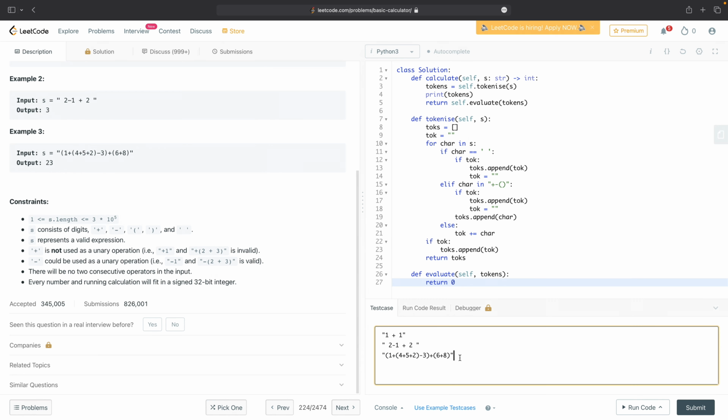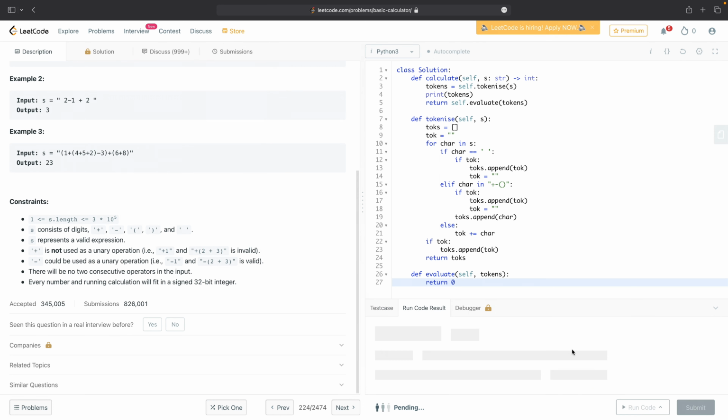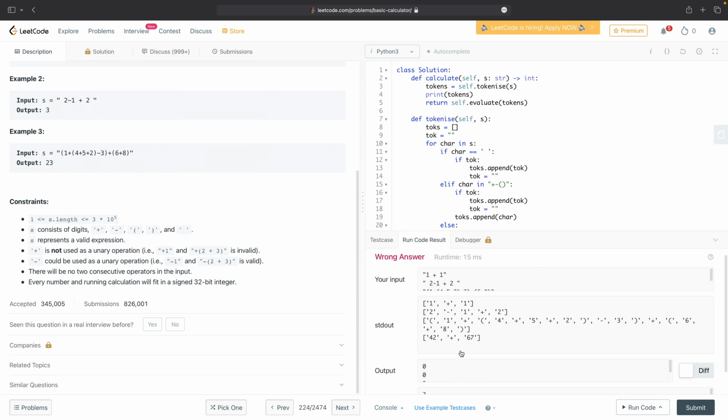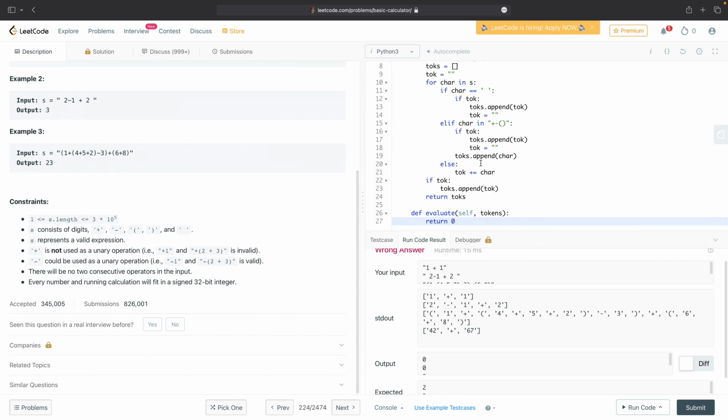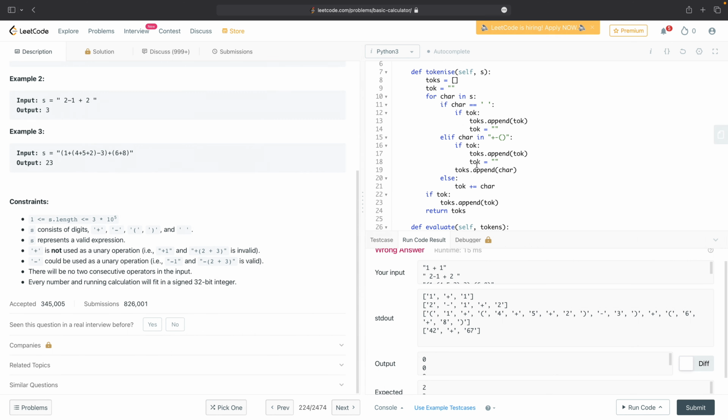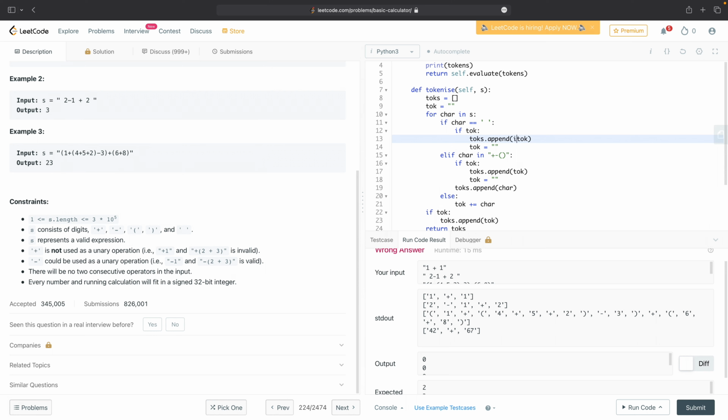So what if I do 42 plus 67? Good, they got grouped into numbers correctly. I think something else I want to do is turn the integers into integers.